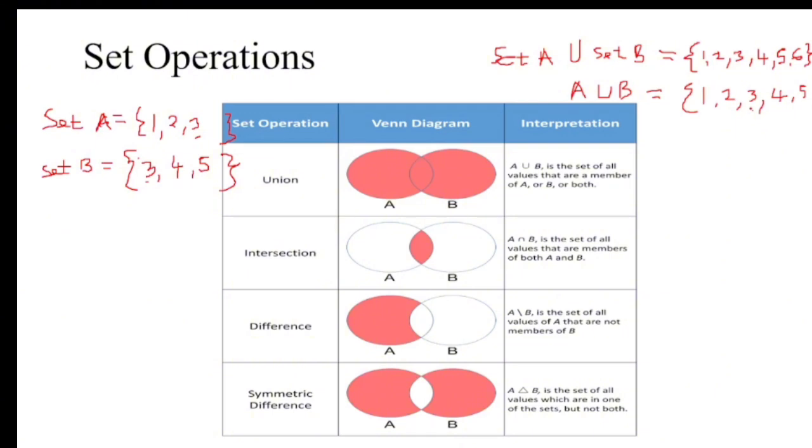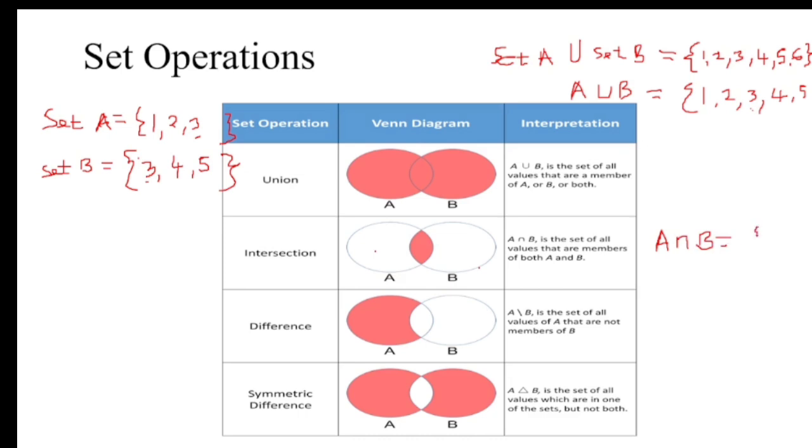A intersection B. Yeah, so we have set A intersection set B, whereby set A intersection set B is a set of all values that are members of both A and P. So what this means is we only return the value that is appearing in both sets. So assuming I have set A, A intersection P, I will only return the value that is appearing in both sets.